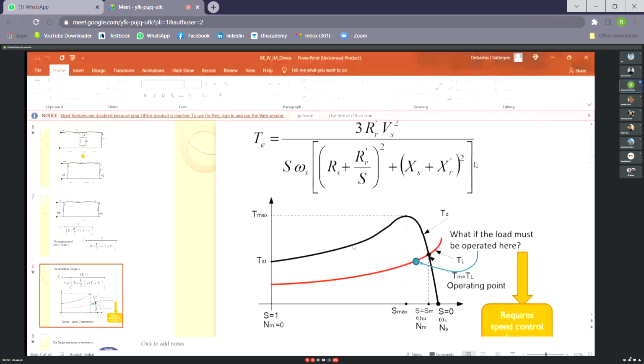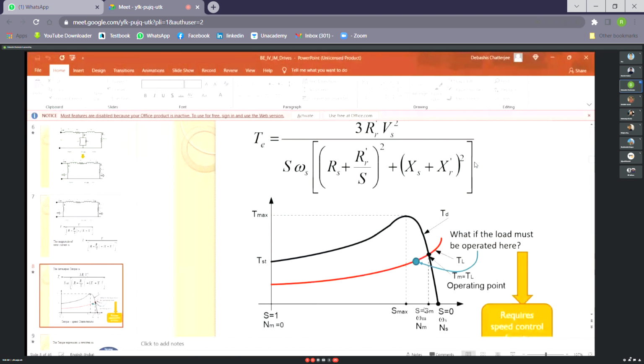Now if you have load characteristics like this, these two characteristics can intersect at some point, and that becomes the operating point of that particular load. That means if the load characteristic is the red line and the motor characteristic is the black line, it will operate at a point where Tm equals TL, and the corresponding torque and speed will be delivered to the load.